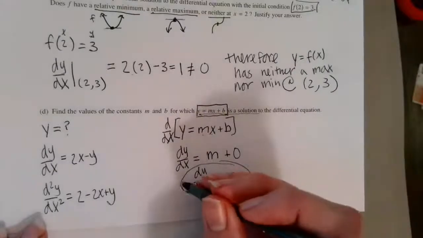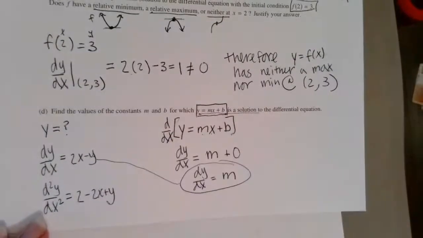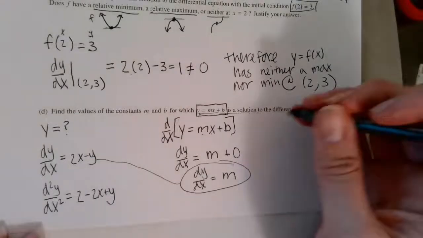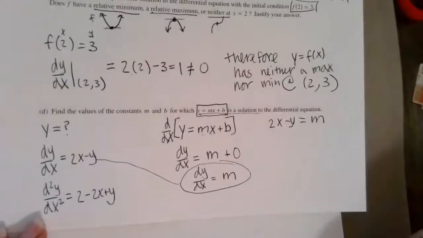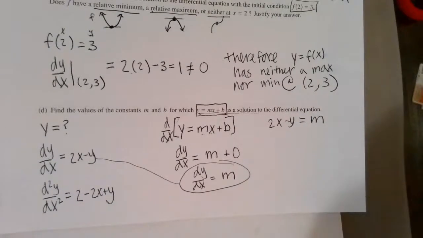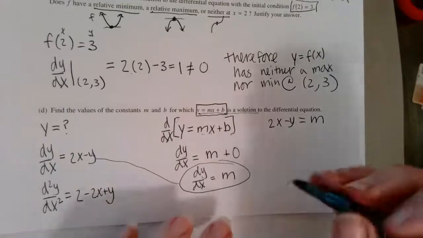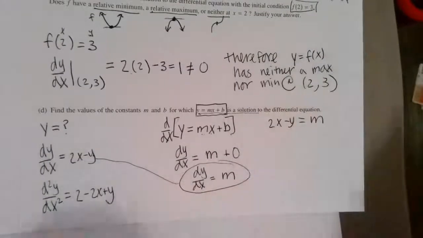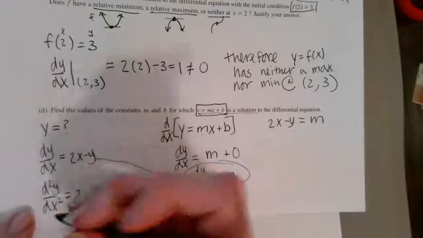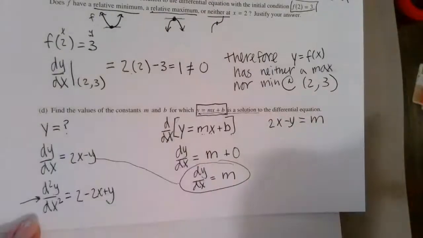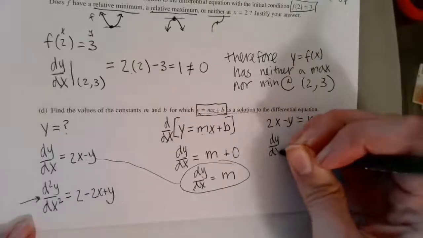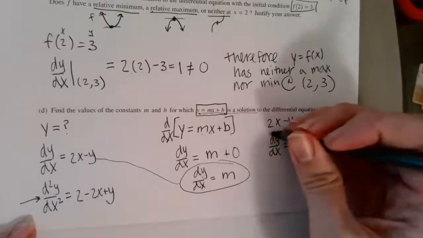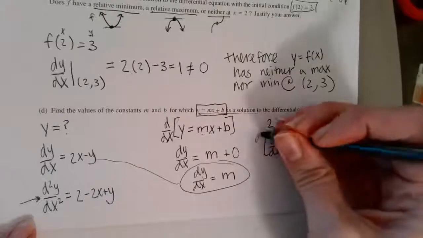But dy dx also equals 2x minus y. So I can say that 2x minus y equals m. We're going to go one step further here, though. I'm going to take my derivative dy dx, which is m, and I'm going to go all the way to a second derivative. I'm going to differentiate it.